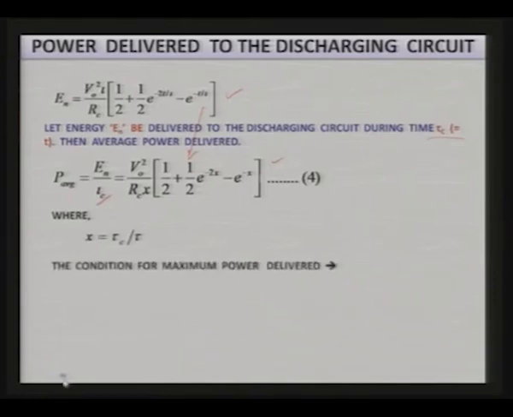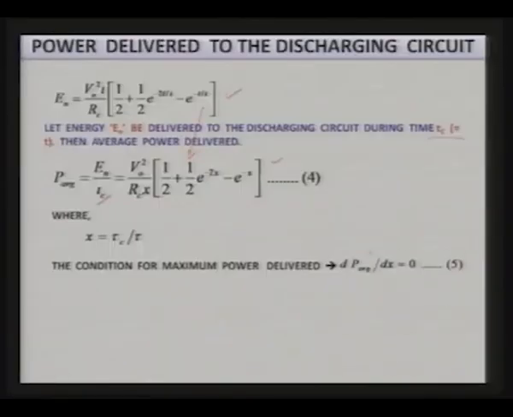This is an important substitution. Now, when we have this, we can find out the condition for maximum power delivered to the discharging circuit, because we are always interested that the power delivered to the discharging circuit should be maximum, so that the spark has higher energy and you will get higher material removal rate.